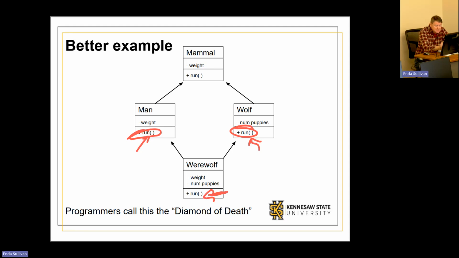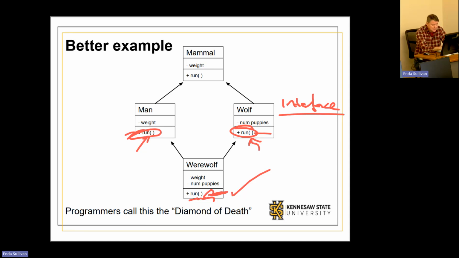Well, if we simply say that this is an interface, we know that there's no implementation for this run or this run. So in that case, this is quite happily able to inherit from both of them because it's going to have to write its own version of run. That's really how Java gets around this problem: it allows you to create interfaces.